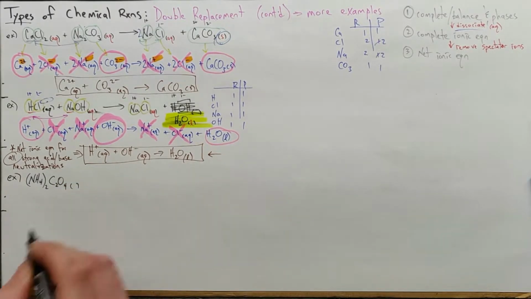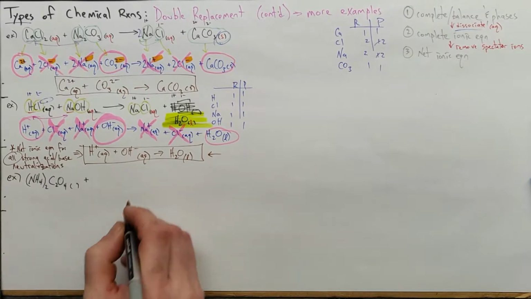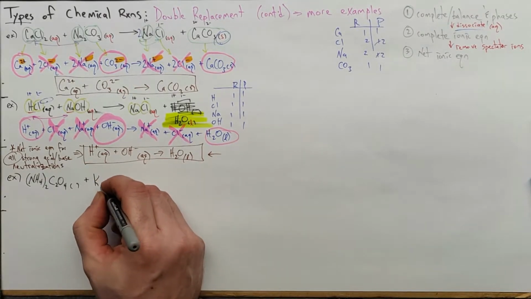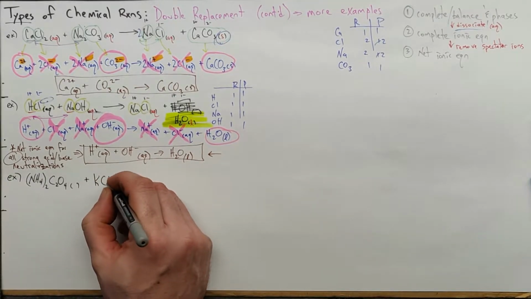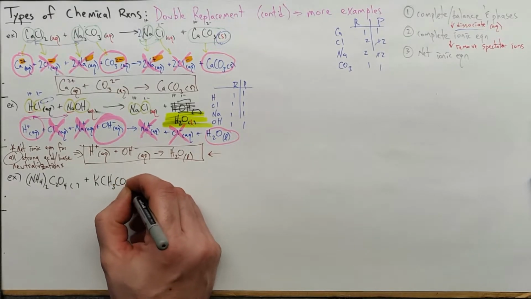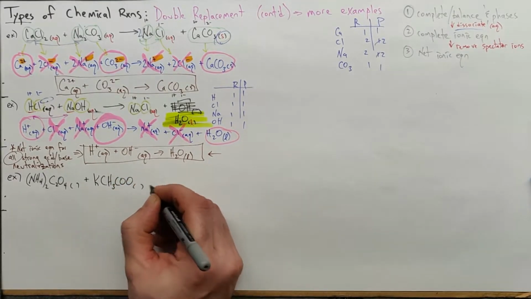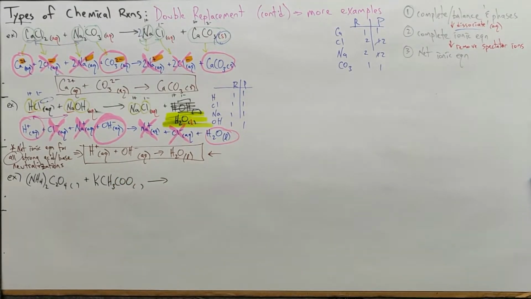And I'm going to mix that into a beaker with potassium acetate, CH3COO. All right, we're going to put our parenthesis right there. Right off the bat, this is terrifying, right? Like step one, panic.